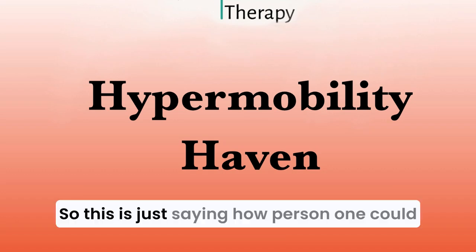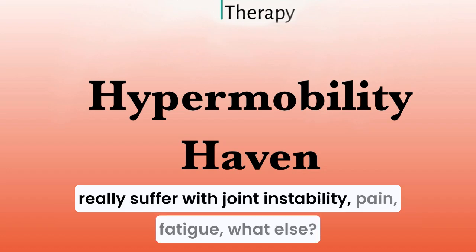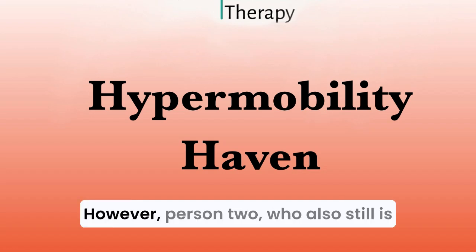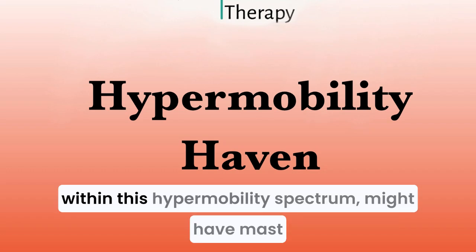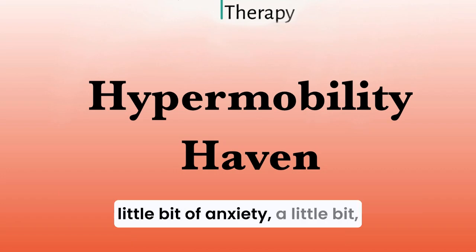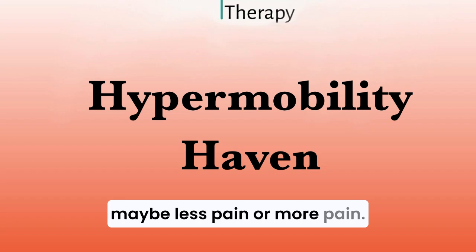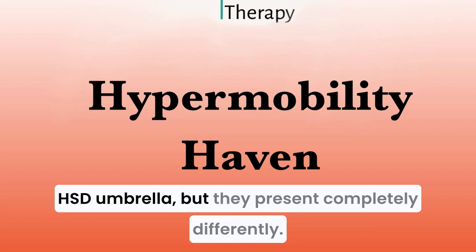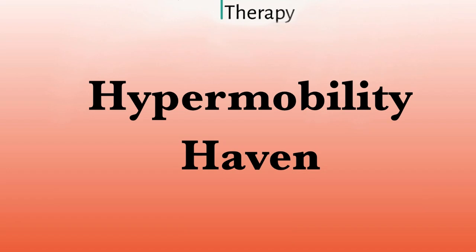This is saying how person 1 could really suffer with joint instability, pain, fatigue, headaches, anxiety, etc. However, person 2, who also still is within this hypermobility spectrum, might have mast cell activation syndrome, gastrointestinal issues, dysautonomia, a little bit of anxiety, maybe less pain or more pain. So they still fall under the same HSD umbrella, but they present completely differently.